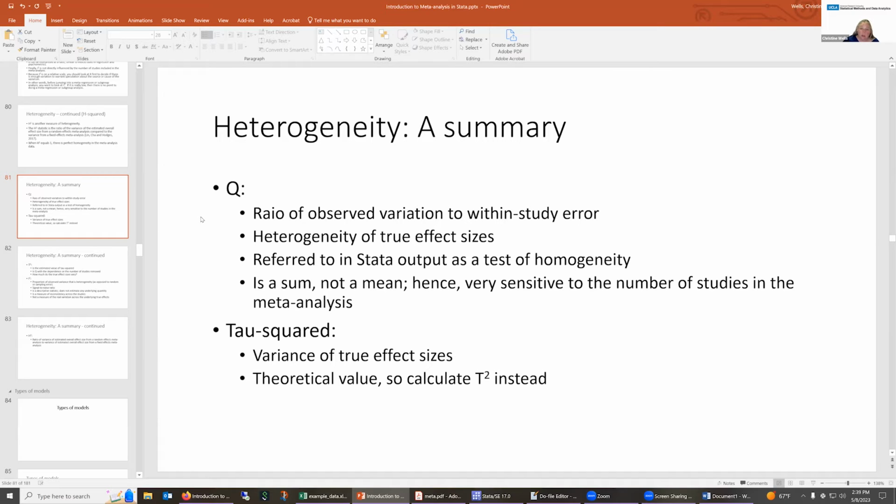So we get to tau squared. This is the variance of the true effect sizes, but it's a theoretical value. So we calculate, I have it as t squared, and in the literature, they bounce around whether they call it t or tau, because this is basically lowercase and this is basically uppercase of tau. So sometimes you see this referred to as tau squared, but it's just uppercase tau squared.